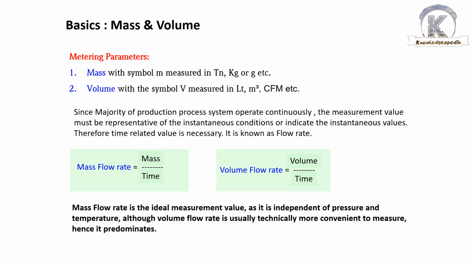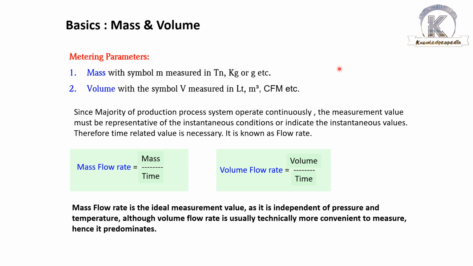So what is mass and what is volume? Mass is basically a physical value, and its symbol would be kg, ton, gram, etc. It is not affected by fluid or process temperature or pressure because it's a static value.